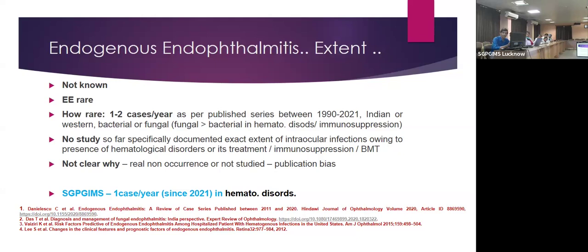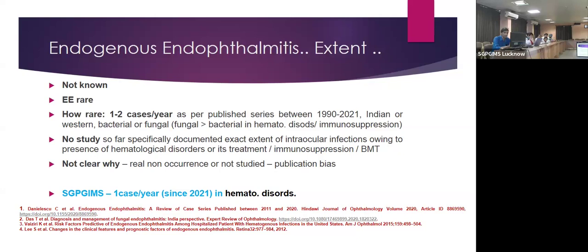There is a lot of publication bias in these cases because the mortality is very high. Nobody publishes when the patient does not survive. Nobody likes to publish failure cases. Only a few very old case series are available where the postmortem diagnosis is also established.